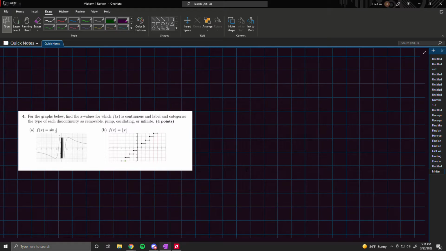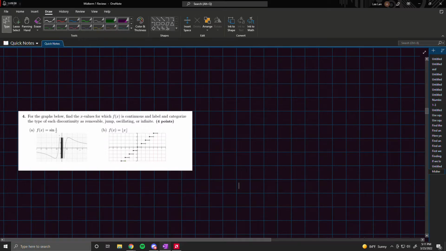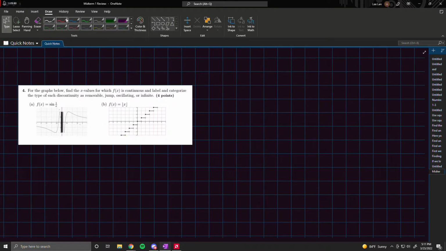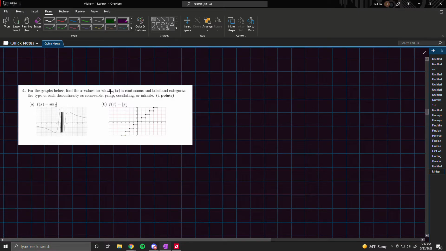For the graphs below, find the x values for which f of x is continuous, and label and categorize the type of each discontinuity as removable, jump, oscillating, or infinite. Let's look at the key sentence fragments that are important here. Find the x values for which f of x is continuous.